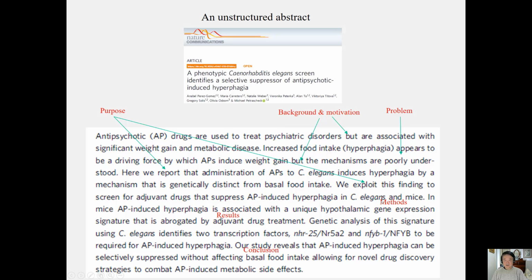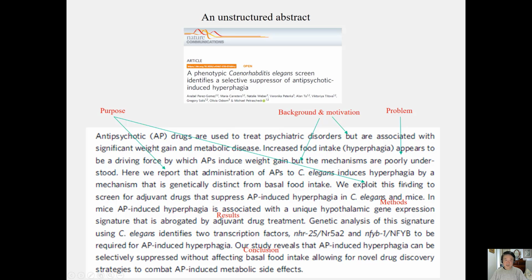In terms of method, this author has used this way to present. They do not say, I have used this model. Instead, they say, I screened the drug in C. elegans and mice.